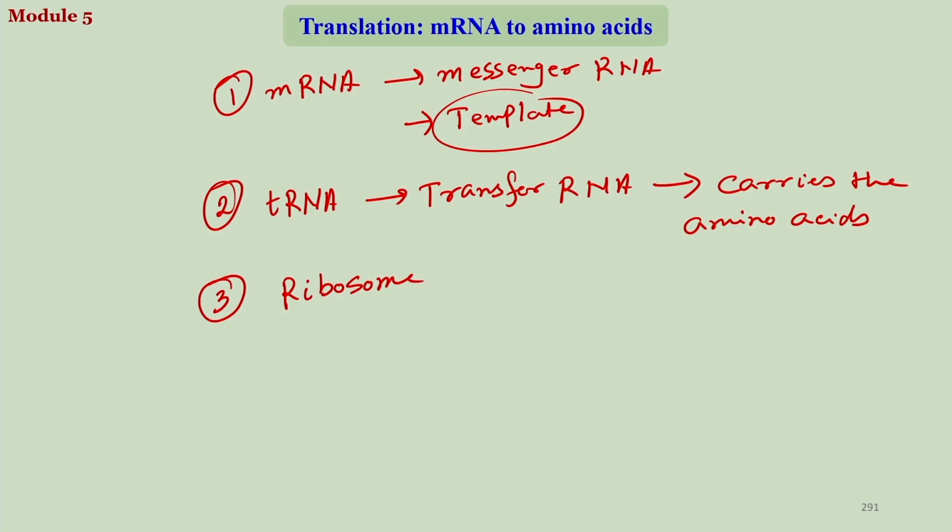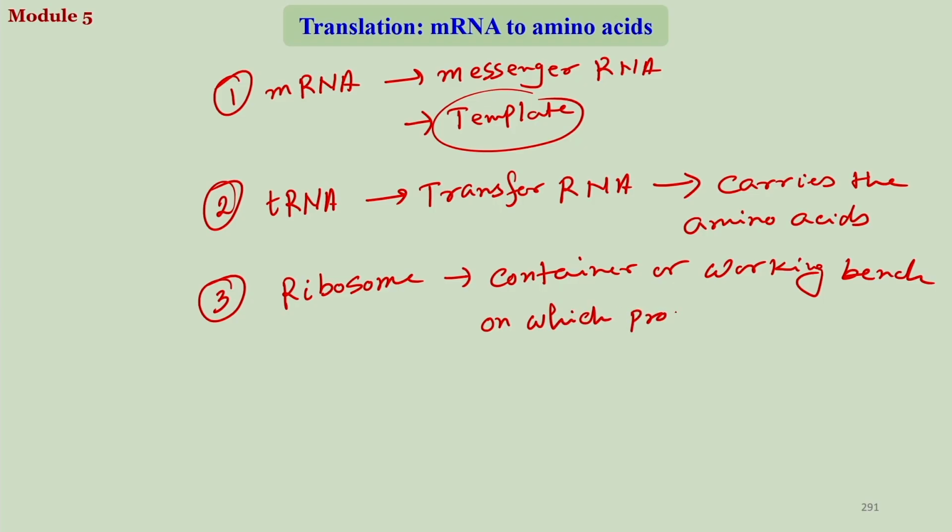Ribosome is the third ingredient that we need, and it works as a container or a working bench on which protein synthesis takes place.